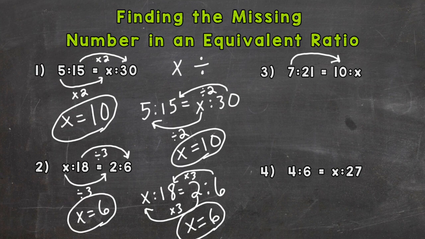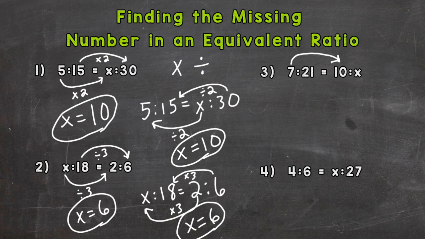Well, we can't. So what we need to do here, these are still going to be equivalent. We just don't have a whole number that we can multiply or divide 7 by to equal 10. So what you would do in this case, we need to simplify 7 to 21. That way it will give us a ratio that we can use to find that x.